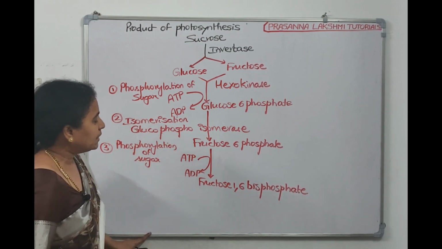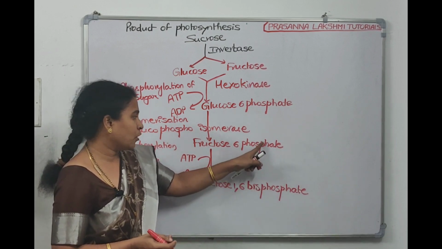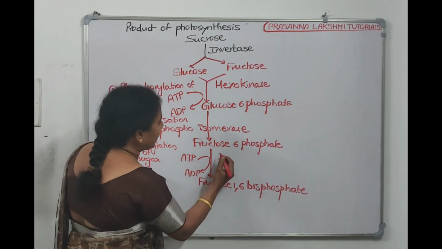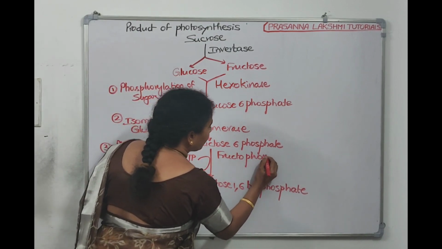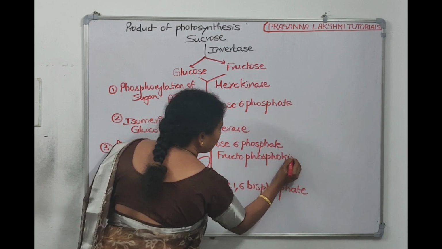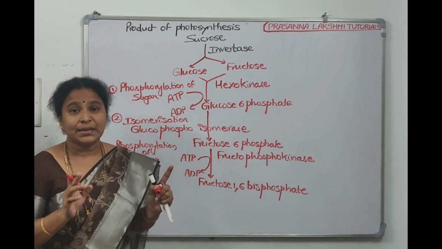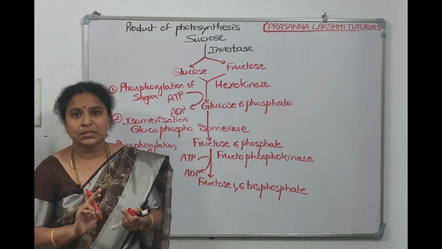The name of the enzyme is phosphofructokinase. What is the name of the enzyme? Phosphofructokinase is the enzyme, right? So we got an energetic molecule which is called fructose 1,6 bisphosphate.